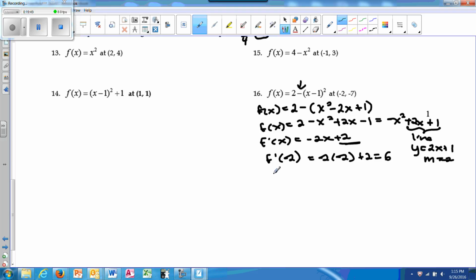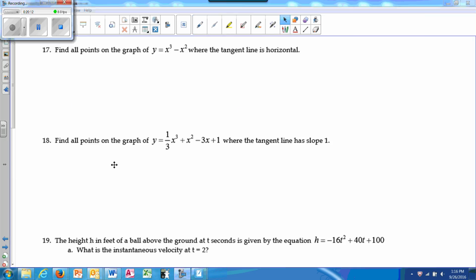So that's why we just have a 2 here for the last two terms. Now we want the derivative specifically at the value of x that they asked, which in this case is negative 2. So f prime of negative 2 is negative 2 times negative 2 plus 2, or 4 plus 2, which is 6.